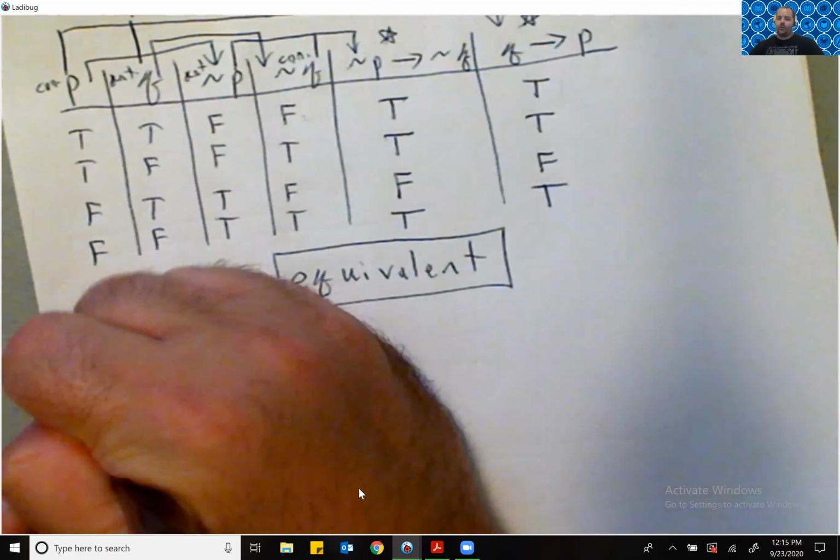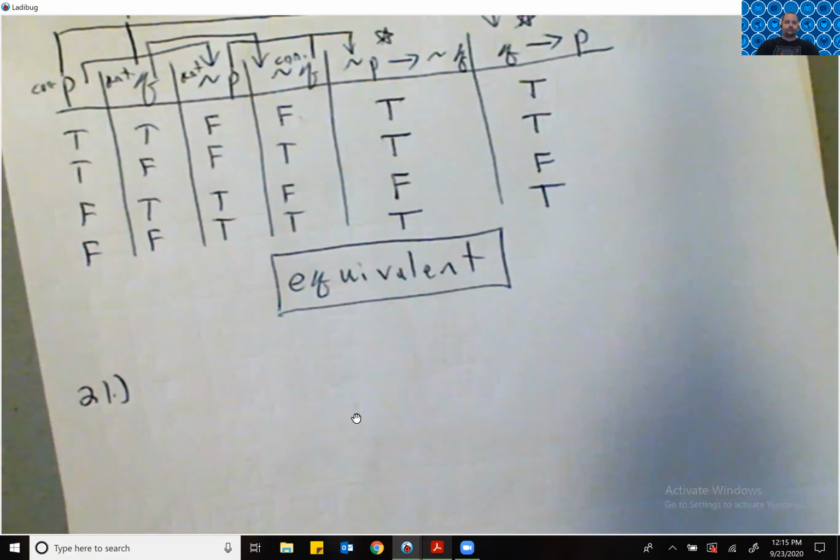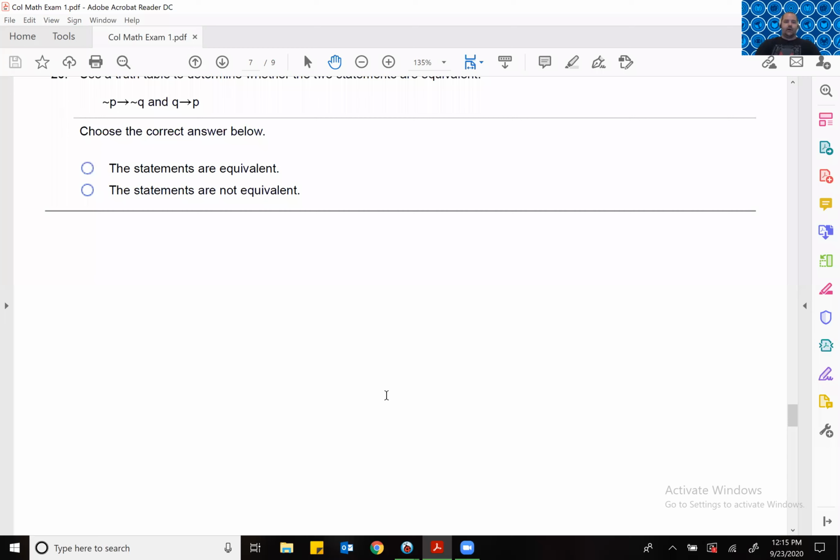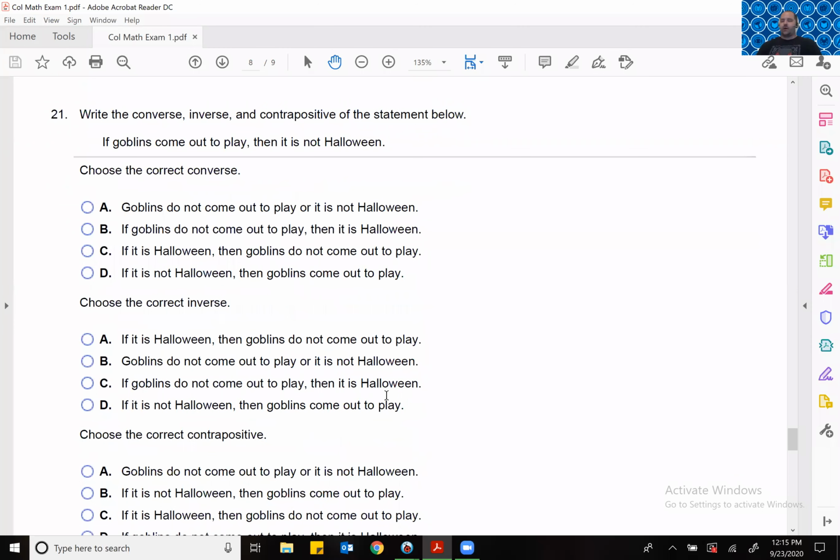Number 21, only 5 more. All right. So this one is all about the different biconditionals that you can write. This one is coming from 3.5 as well.